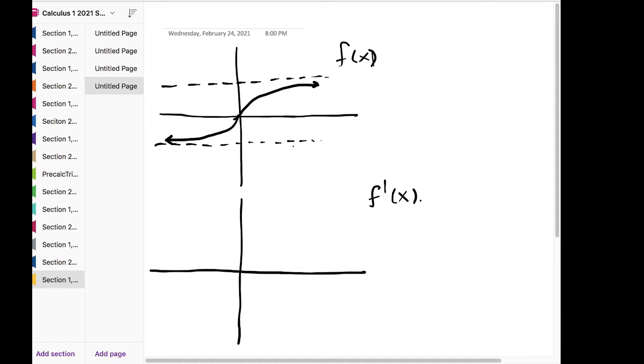Okay, so let's start over here and look at this tangent line. Positive, negative, close to zero, far away from zero. Which do you think? So remember, negative versus positive.